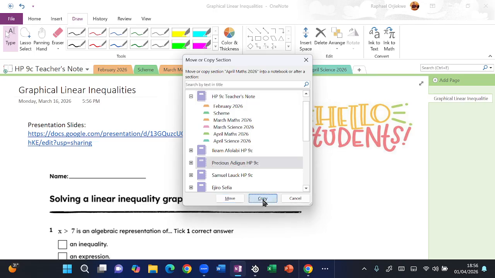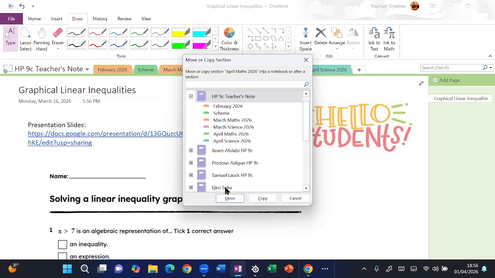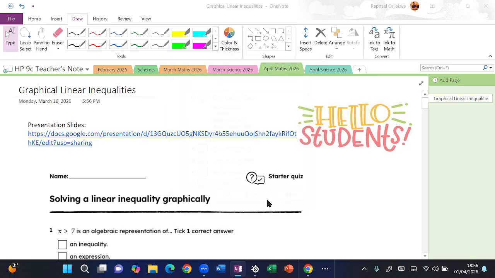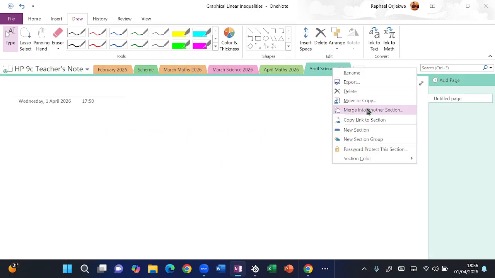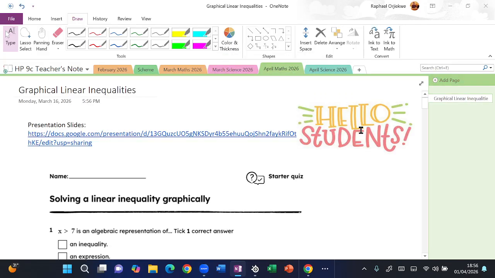So we can check our OneNote, and we are going to see it there. Sophia, do you have access to your OneNote?